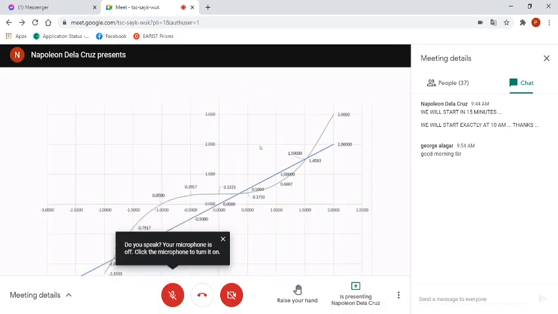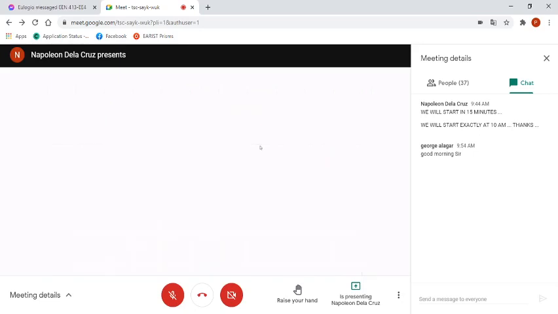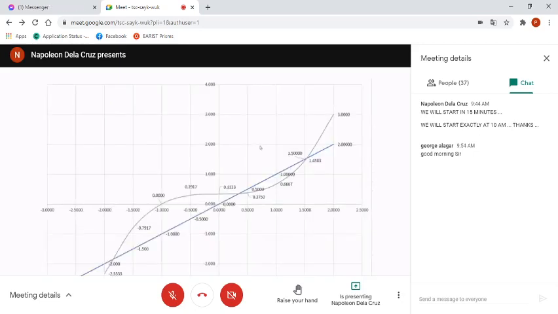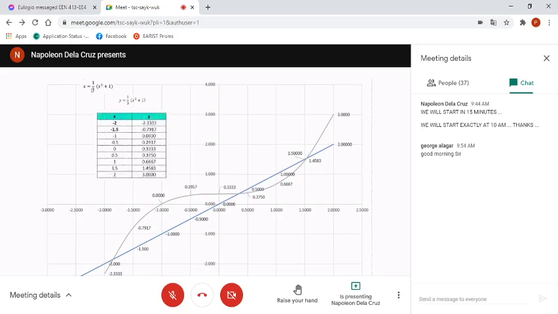Then, punta tayo dito. Ayan yung graph. Okay. Ayun yun. X is equal to 1/3 x cubed plus 1. Okay? Ayan yun. Y is equal to 1/3 x cubed plus 1. Ito yun.